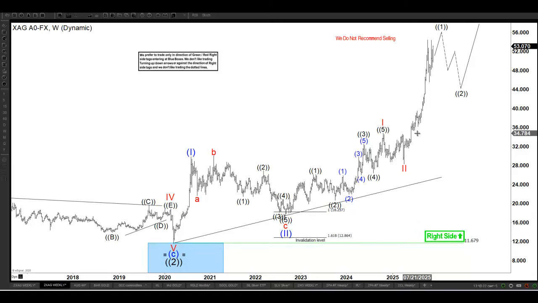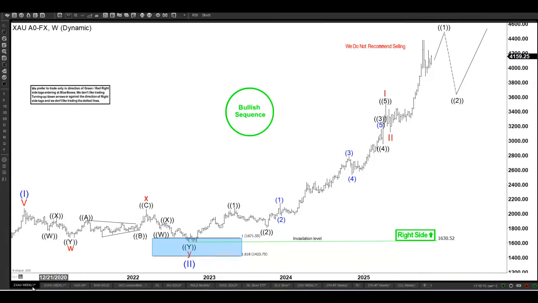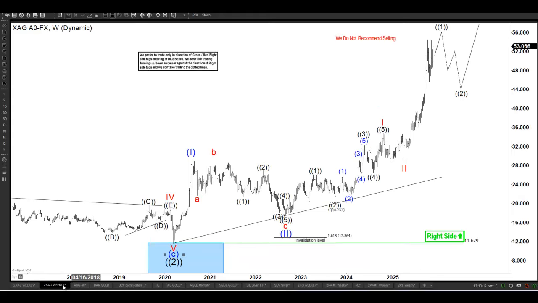Why we are bullish, the reason behind it, and what the targets are? Everyone understands that, right? All right. Now, we're going to take a look.